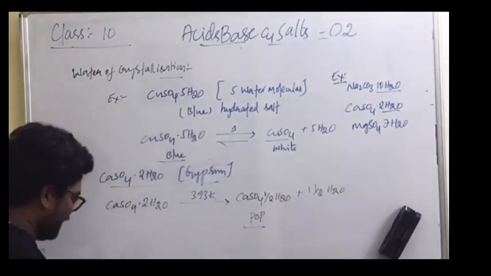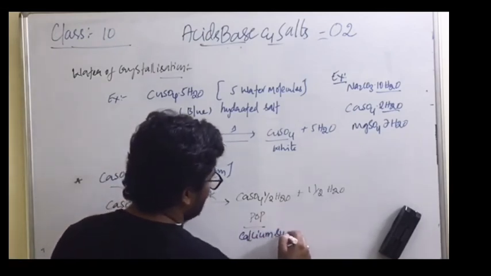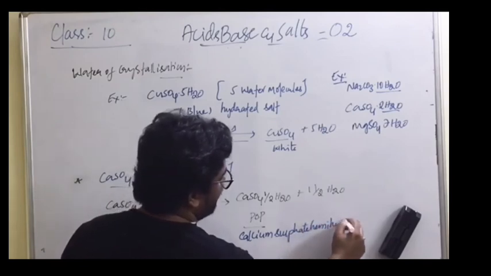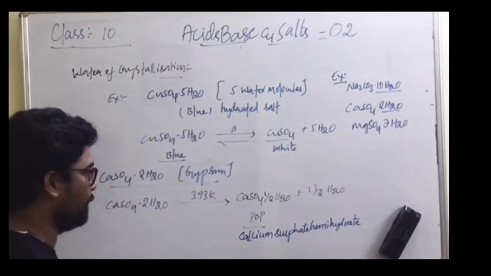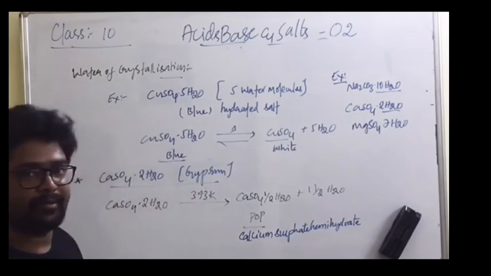In the examination they will ask you the chemical name of POP. It is called calcium sulfate hemihydrate.